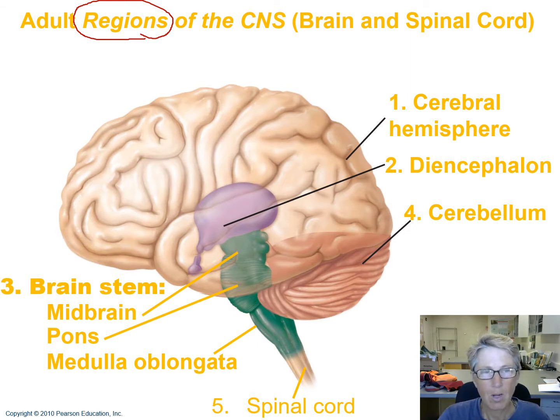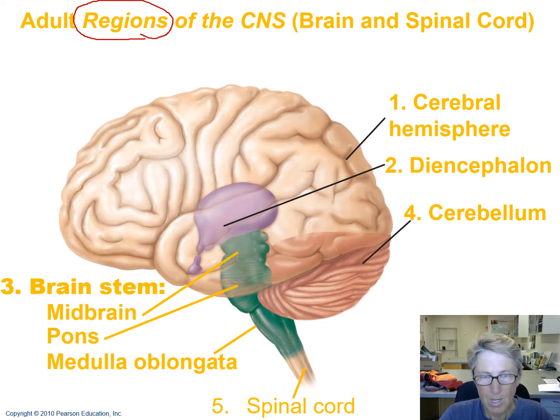And as a student pointed out last week, make sure that everybody remembers that these structures and the delineations or the boundaries that the neuroscientists put on these structures are arbitrary. Everything is connected. If you're in the nervous system, you are all connected. So just keep that in mind. The naming of these different areas and structures just helps the neuroscientists study the central nervous system.